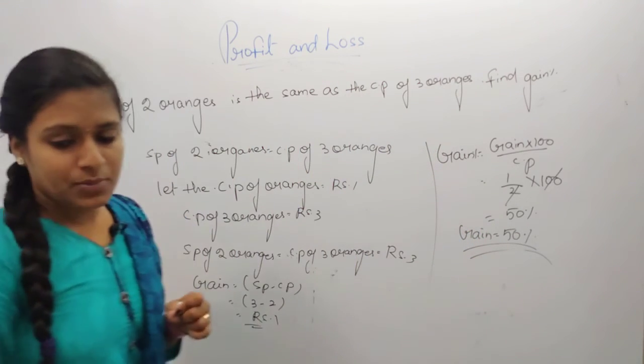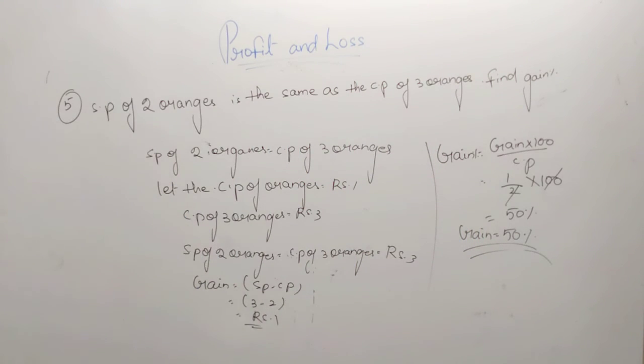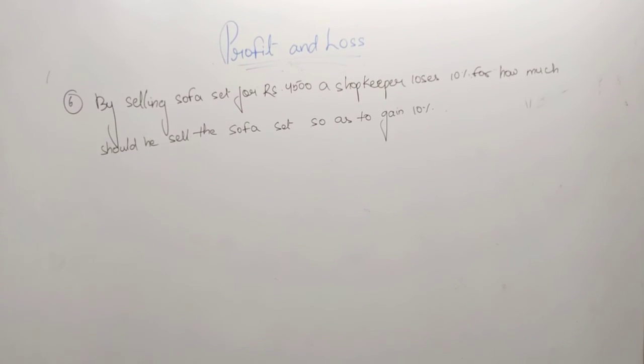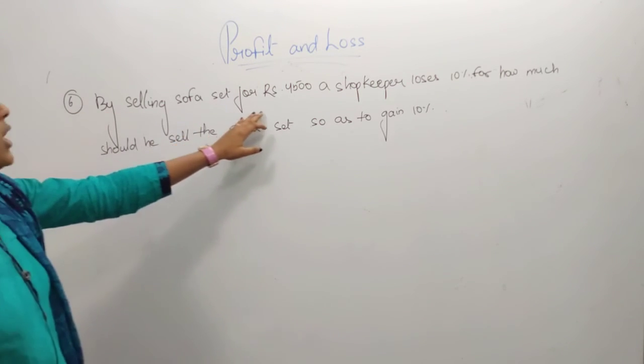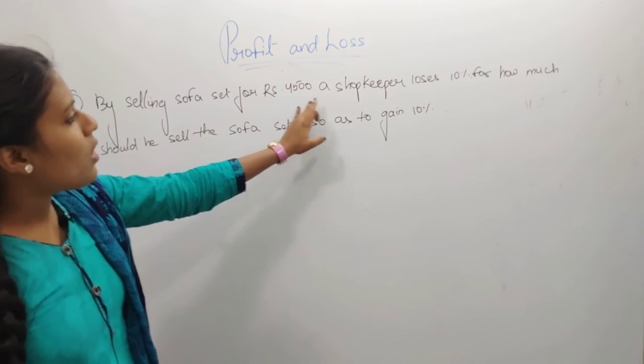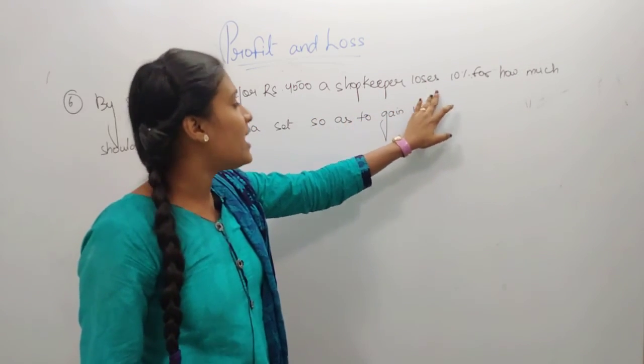Next we solve the next problem. Okay, finally we'll solve this question. What is the question? By selling a sofa set for rupees 4,500, a shopkeeper loses 10%.